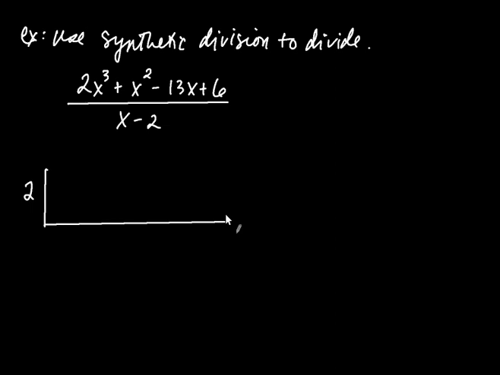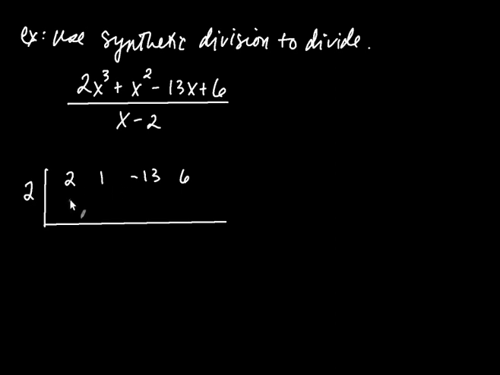I want to make it large in this case. And then you write the coefficients of the polynomial in the numerator. So it would be 2, 1, -13, and 6. Notice that there's no 0 because all of the terms are accounted for: degree 3, degree 2, degree 1, and constant.